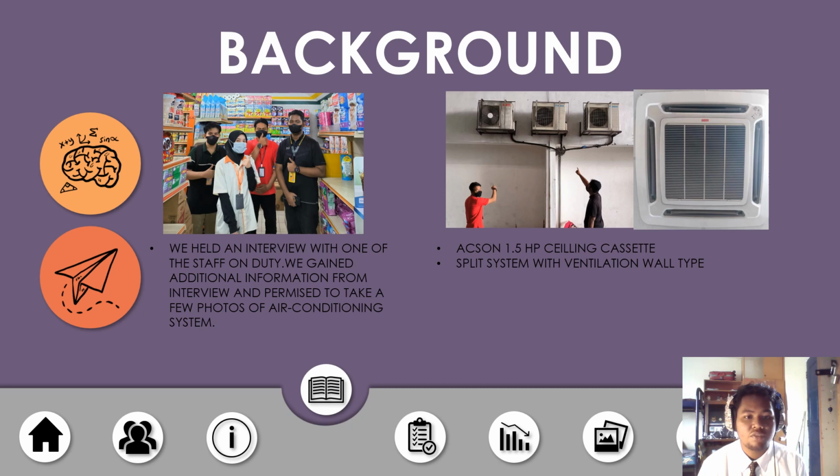We gain additional information from interview and permits to take a few photos of air conditioning system on this mini market. So we got the photos, which is the type is Exxon 1.5 HP ceiling cassette, and the mini market uses split system with ventilation wall type.